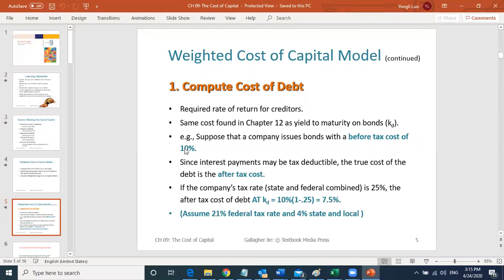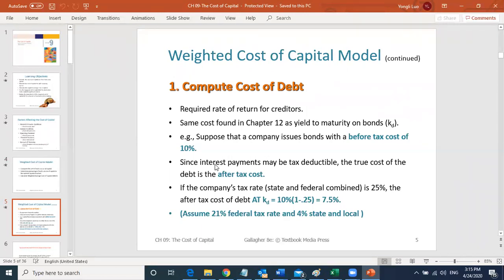Can we just use the before tax cost of debt? This is a very good question. Should we use the before tax cost of debt? The answer is no. Why?